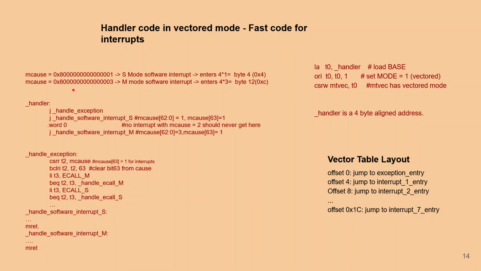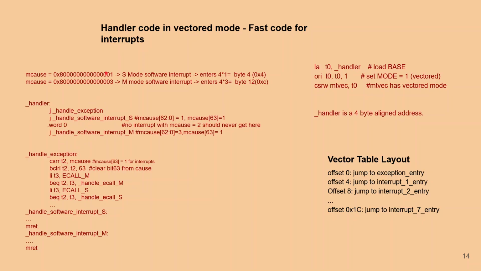When the addressing mode is vectored, when the CPU encounters an interrupt or an exception, it has different entry points. For example, if the CPU encounters an exception, it always enters into offset 0 of the handler, where the handler code just jumps to the handle exception routine.